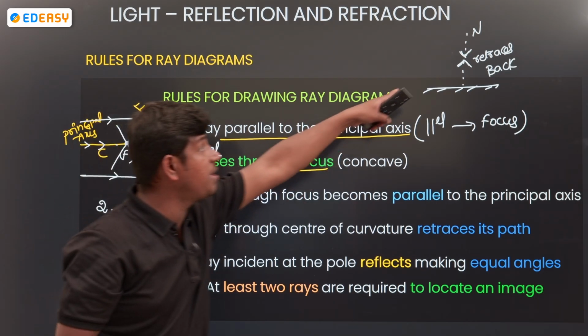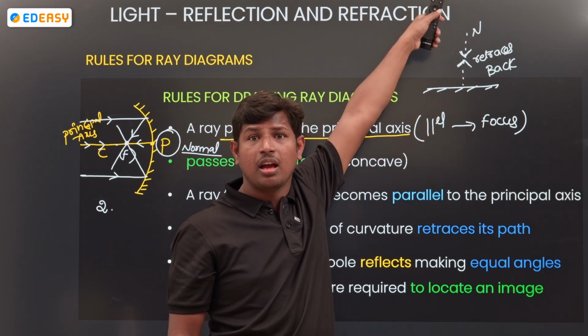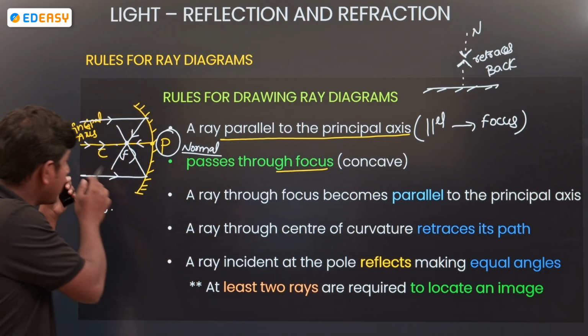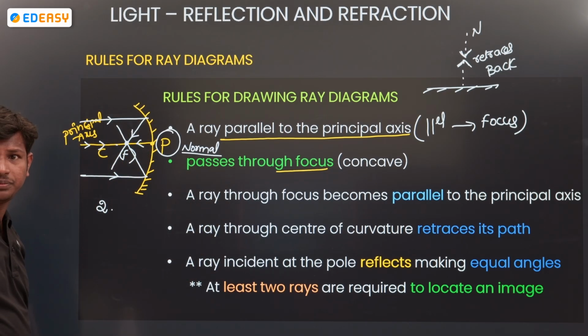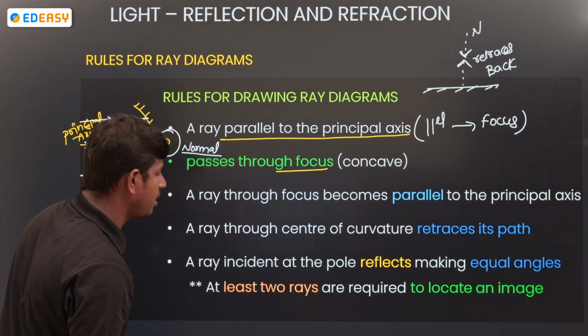Here also the same thing: after striking the surface, it is reflected back, as in a plane mirror. After striking the pole, it retraces back. Clear? Next, a ray through the center of curvature retraces its path.